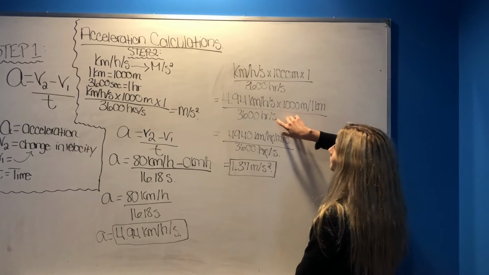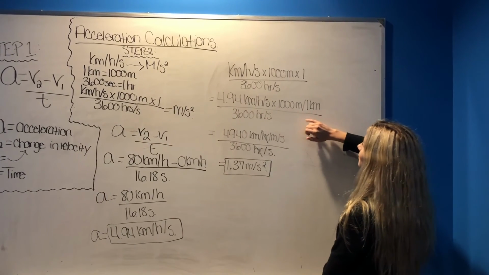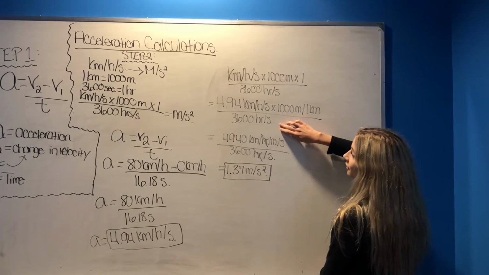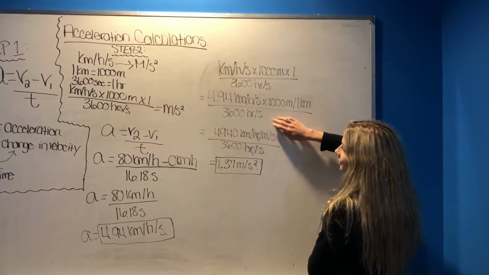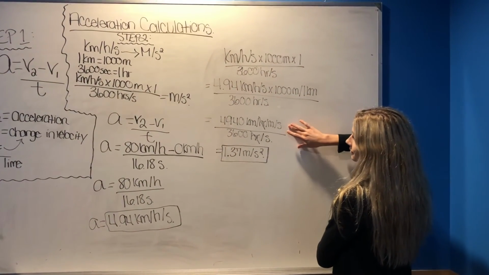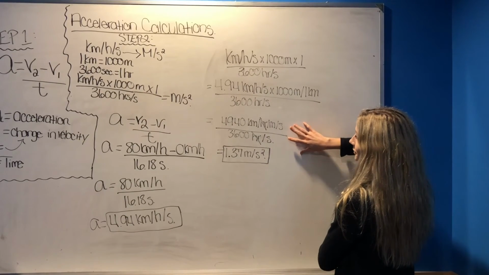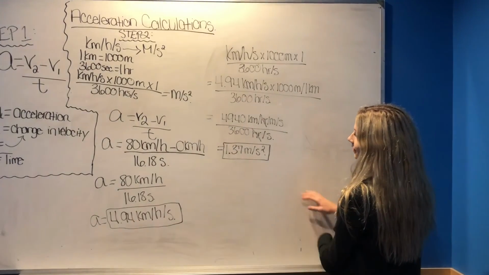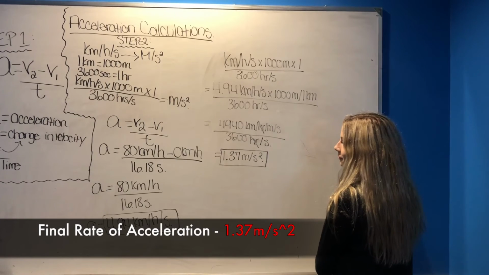And then we plug the numbers in, which is 4.94 kilometers per hour per second times 1,000 meters per 1 kilometer divided by 3,600 seconds per hour. So then the 4,940 divided by 3,600 gave my car an acceleration of 1.37 meters per second squared.